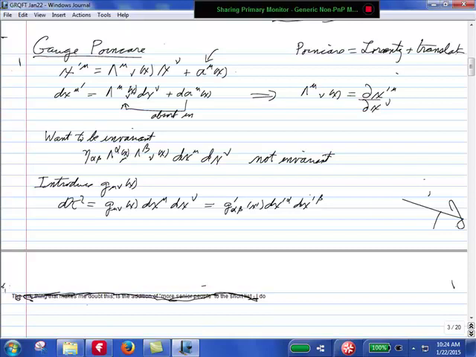So it'd be lambda mu alpha, lambda nu beta, g alpha beta of x. This would be at x prime. Dartmouth guys, can you see me there? Can you see that? Not very well. Is that any better? All right, let's try that. It's going to be painful.